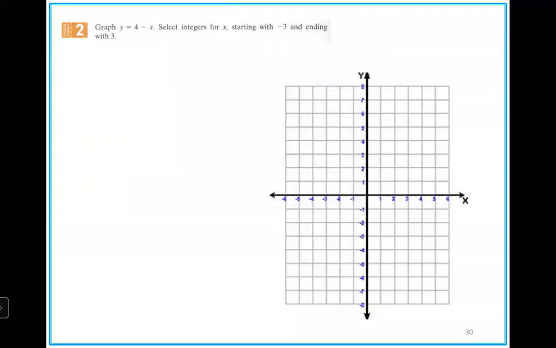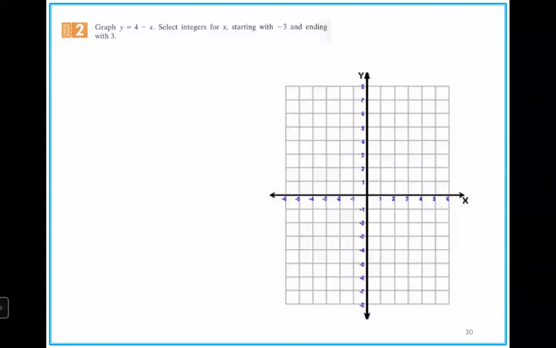Okay, so let's see what we have here. In this checkpoint, you're asked to graph y equals 4 minus x. Select integers for x starting with -3 and ending with 3. So we're going to do the same thing for this one. This is slide 30. We could use the same procedure.